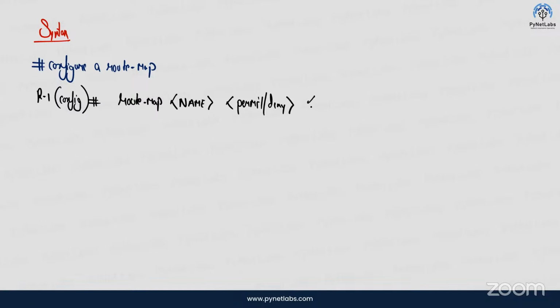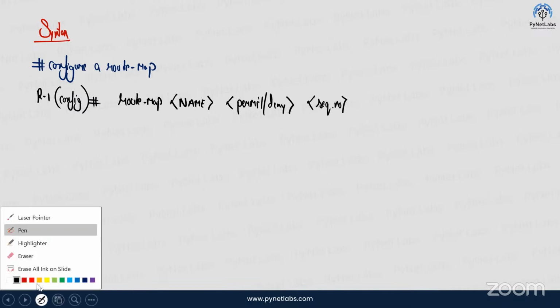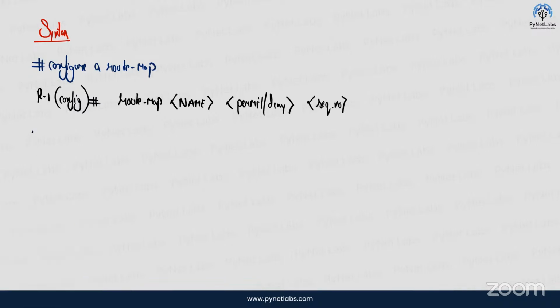And then there is a sequence number, which is also defined in the route map. Once the route map is configured on the device, the second requirement in the syntax is to define the condition to match.